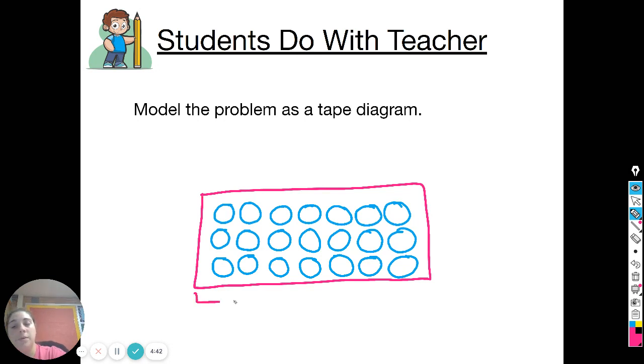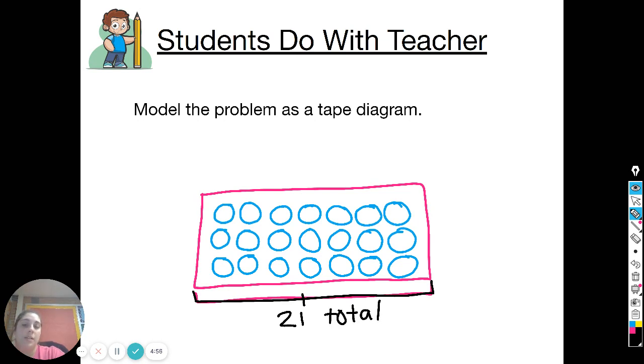Okay, and we know that all together we have 21 total, or 21 pieces of paper total. We know that there's 7 piles or 7 groups. So I'm going to go ahead and label that I have 7 groups. 21 papers total, broken into 7 groups.